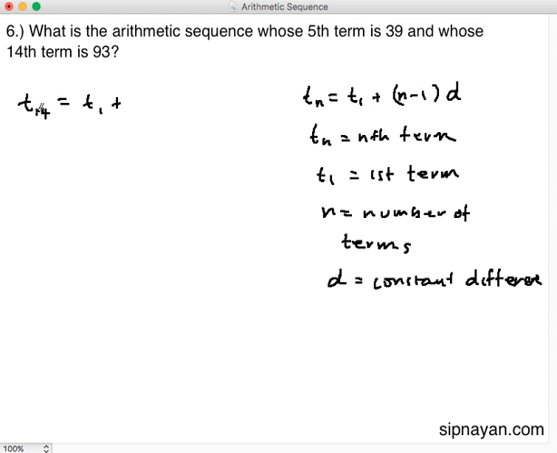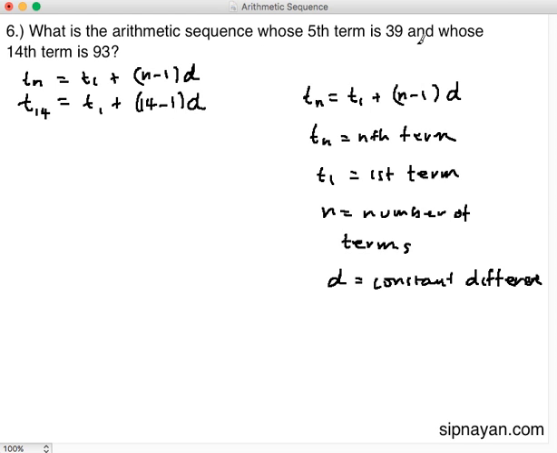Ang n natin dito, 14, di ba? 14 minus 1 times d. So, still, this comes from this formula: t sub n equals t sub 1 plus n minus 1 times d. Yan pa rin siya nanggaling. Ang n natin ay 14, so dapat yung n natin dito ay 14 din.